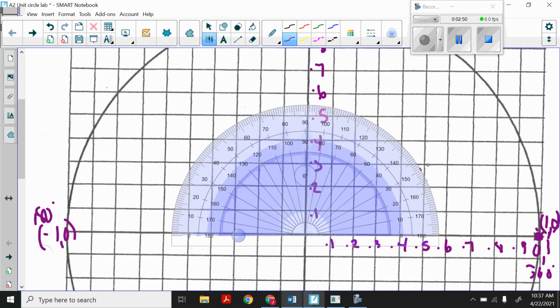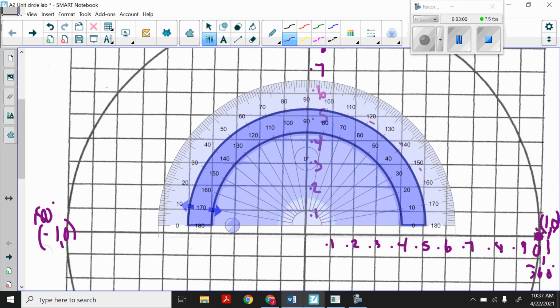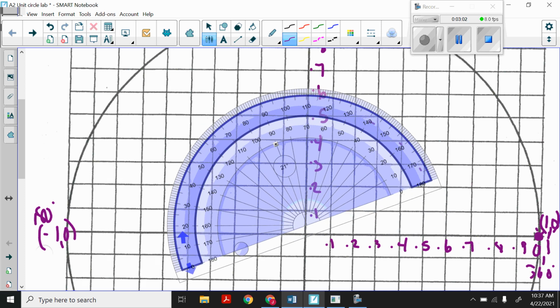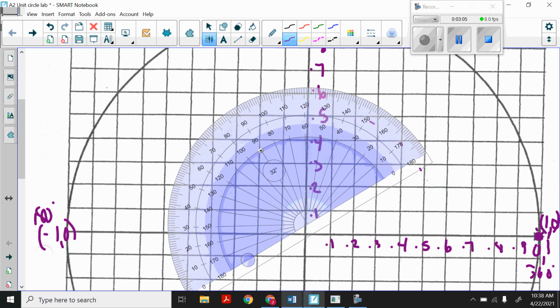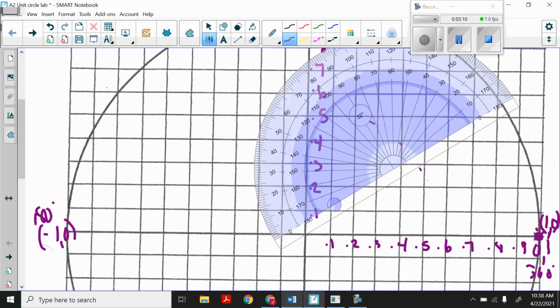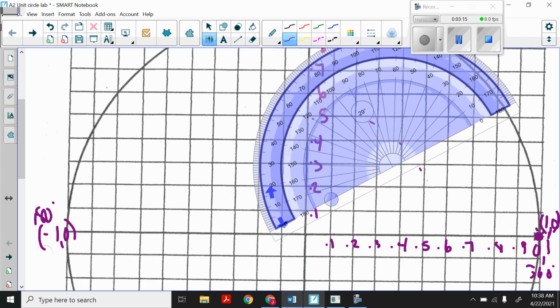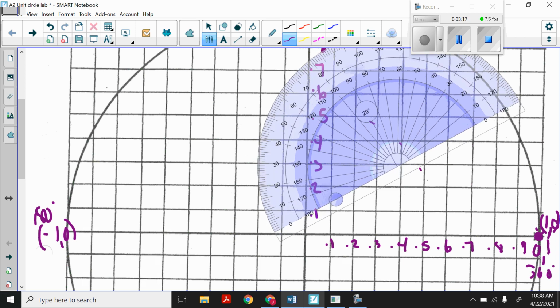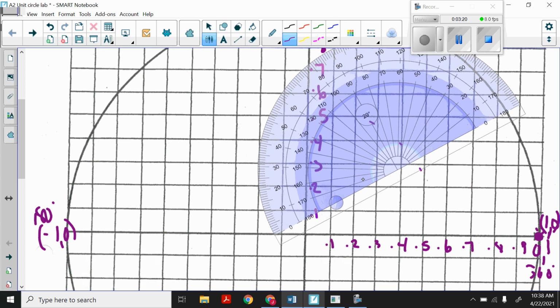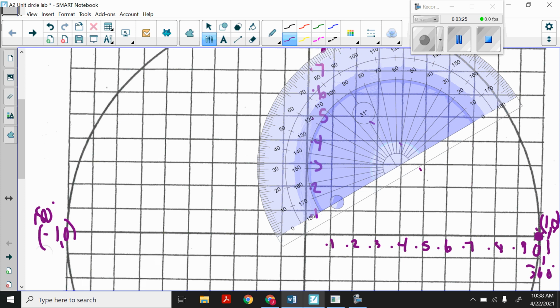This would be 45. This would be 60. So then, we're going to use our straight edge. I'm going to draw this angle. Much easier when you're on a plain sheet of paper.